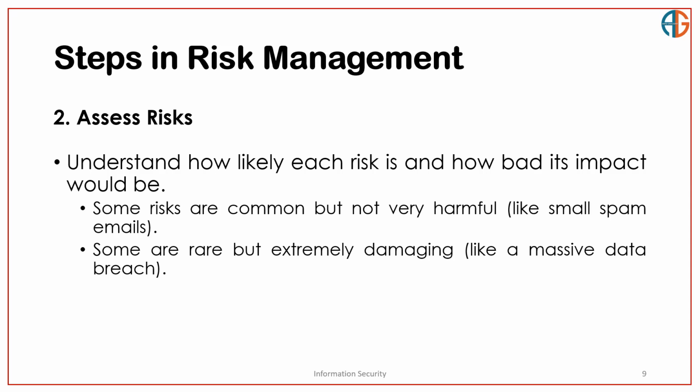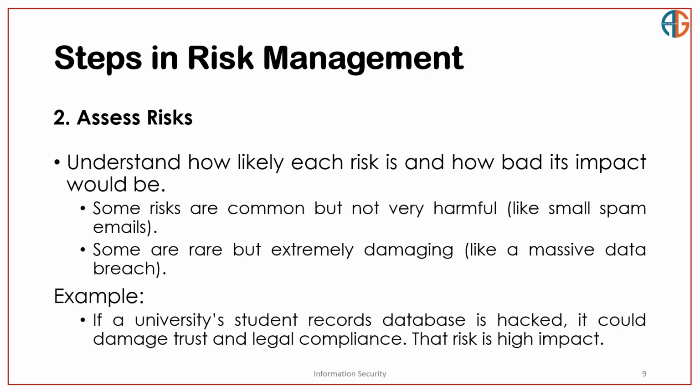So in the first step we identified the risk, and in the second step we are understanding the risk: what harm or bad effect that particular risk could give to the information assets. An example is, if a student database in a university has been hacked, it can damage the trust and the legal compliance of that university.